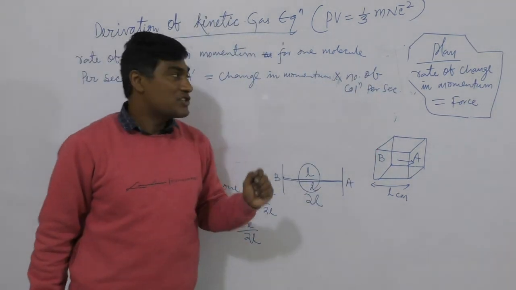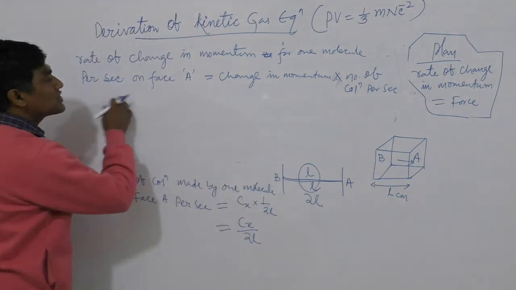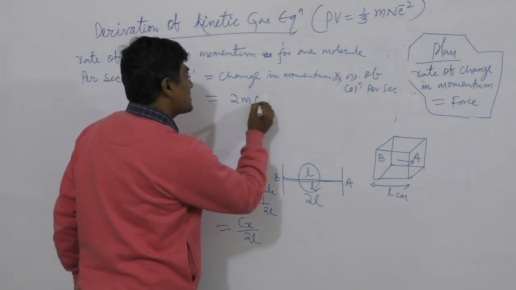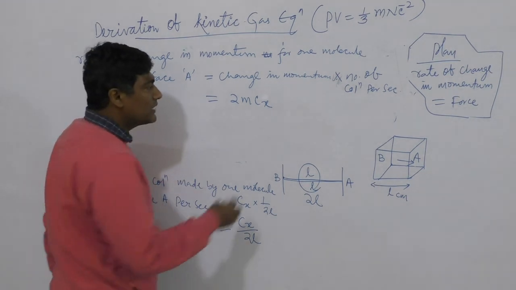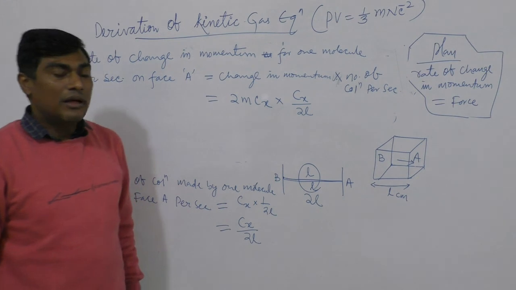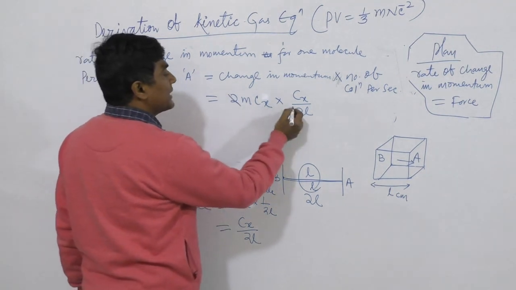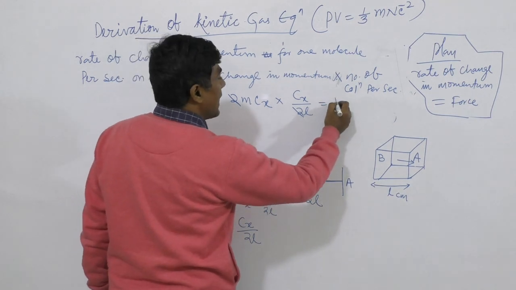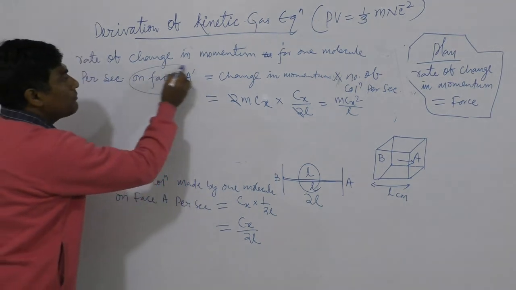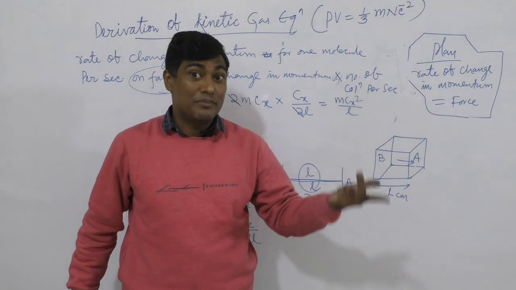This multiplication gives you the rate of change in momentum for one molecule per second on face A. The change in momentum was 2mcx, which we have already calculated, into the number of collisions made by one molecule per second, cx by 2L. So the 2 gets cancelled, and it will be mcx square by L.